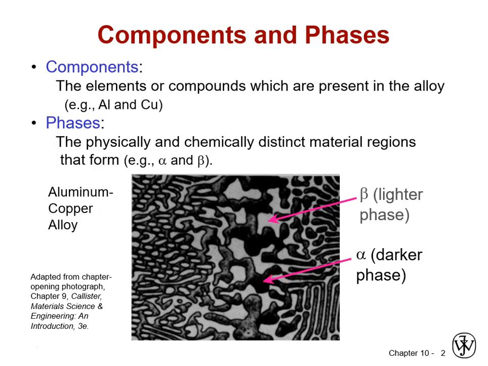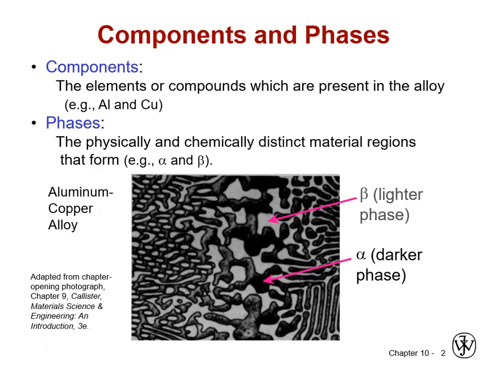So we define components as the elements or compounds which are present in an alloy or any kind of combination of solutions and phases. So in the case of sugar and water, water was one component, sugar was another component. If we have, say, a binary alloy, an aluminum-copper alloy, aluminum would be one component and copper would be another component.